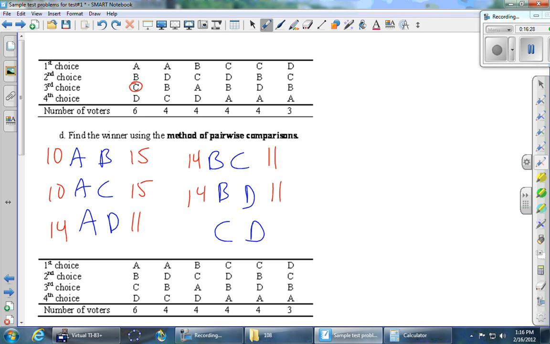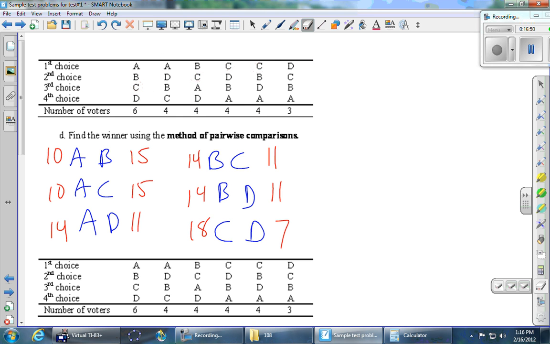C is above there, D is there, C is above, C is above, C is above, and then D gets those. 6 and 4 is 18, and then the other votes go to D. So that's 18 to 7.